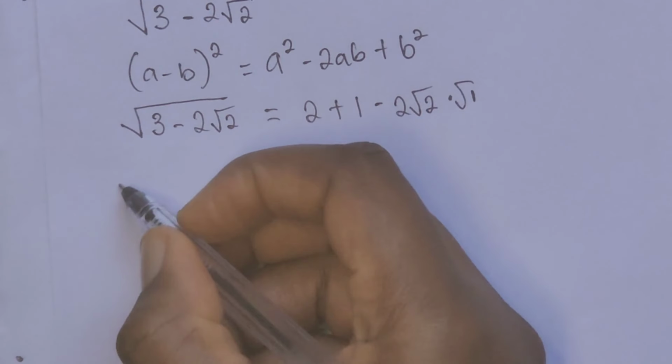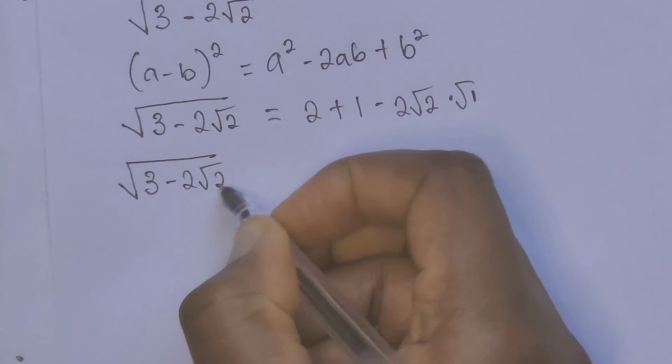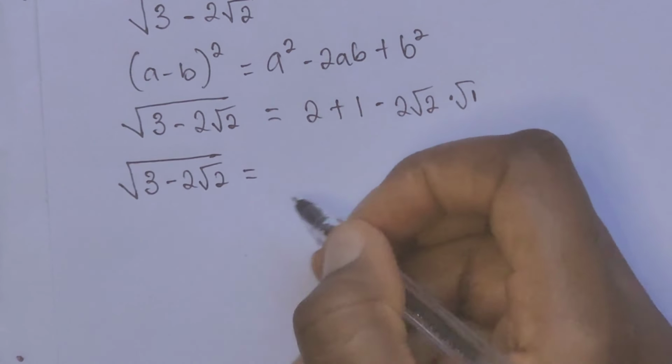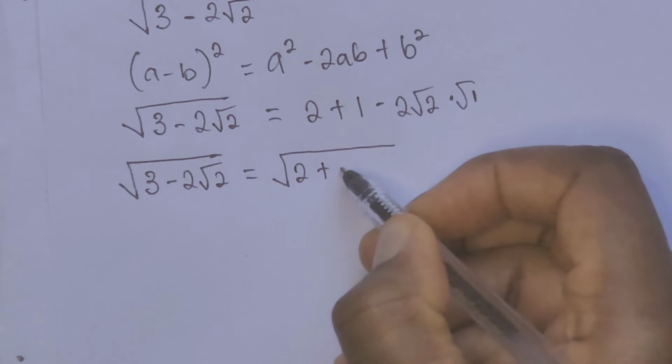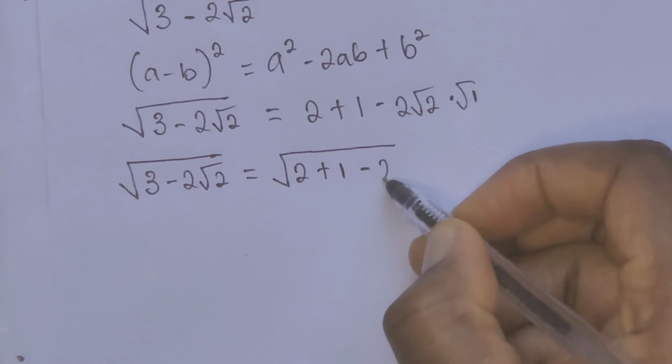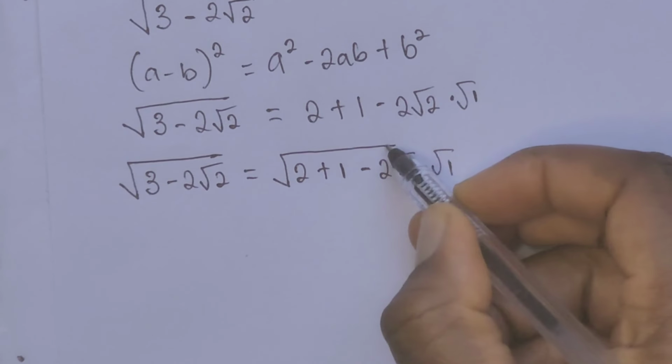So it simply means that the square root of 3 minus 2 root 2 is equal to the square root of 2 plus 1 minus 2 root 2 times root 1.